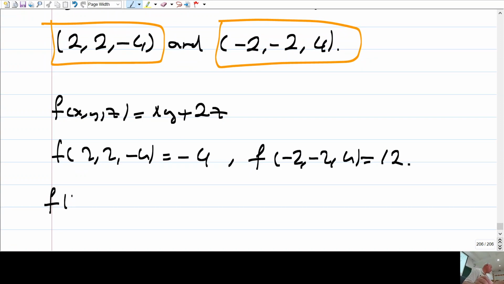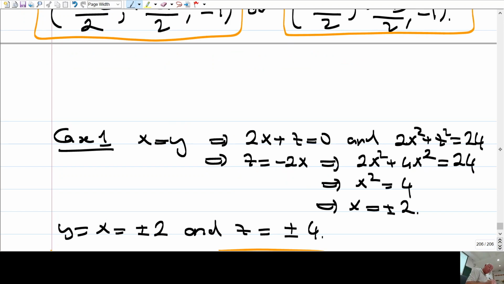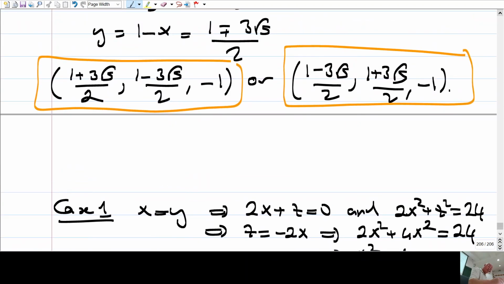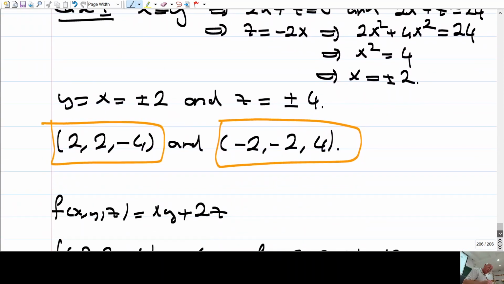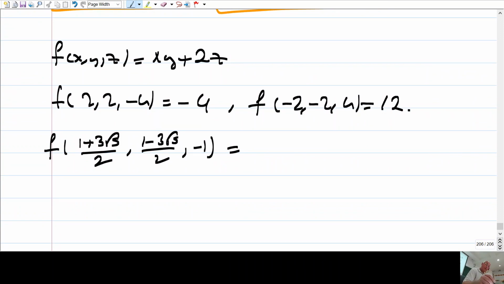F of which point? So okay. 1 plus 3 root 5 over 2, 1 minus 3 root 5 over 2, and minus 1, right? This point. And I'll also do this one. So let's see what these are. Neydi bu? X times y. So I multiply this 2.